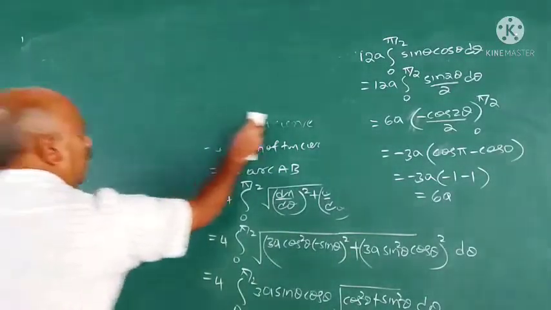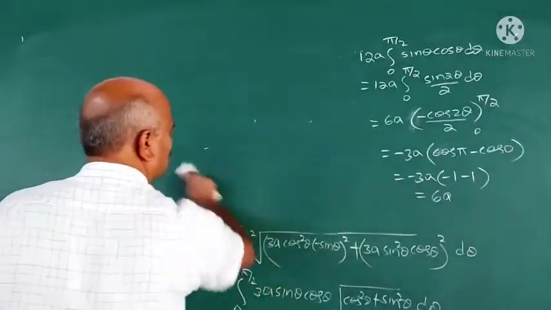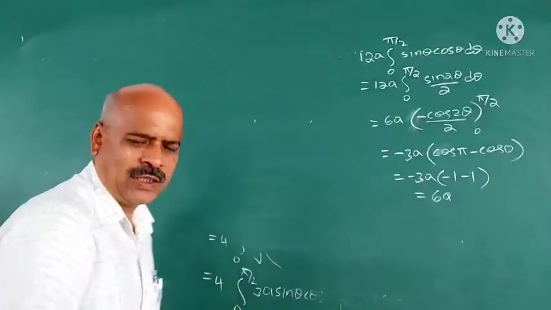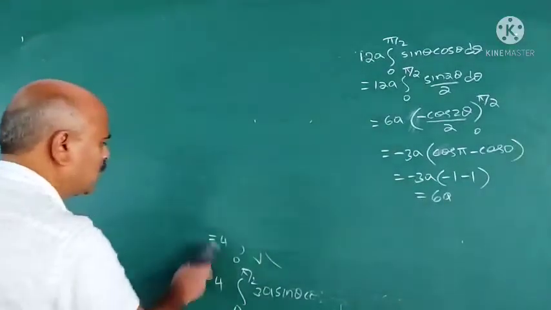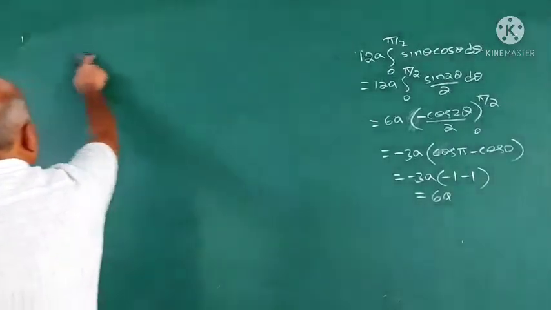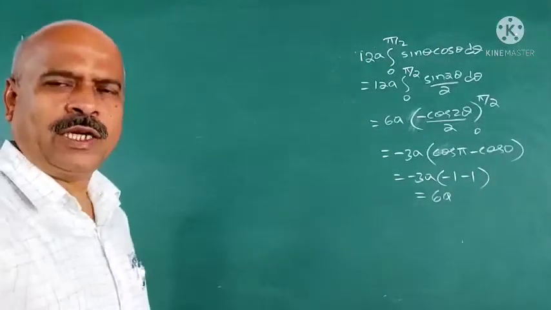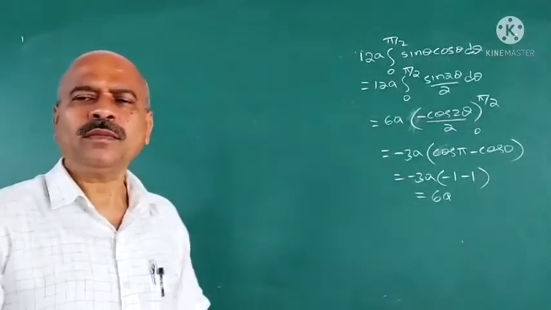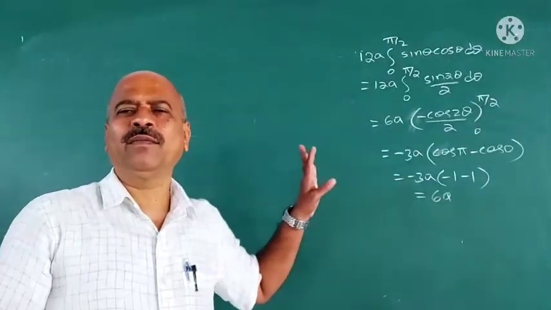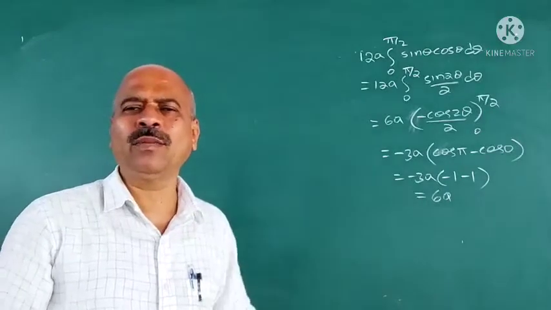Now, because the pattern for this year is only MCQ, that is multiple choice questions, how can this question be converted into multiple choice? What is the complete length of the asteroid? Parametric form or Cartesian form may be given.